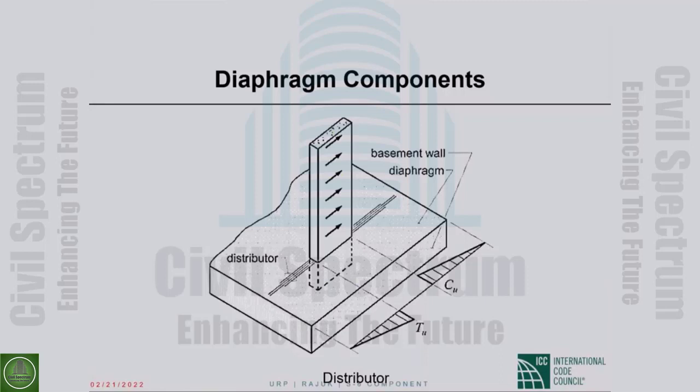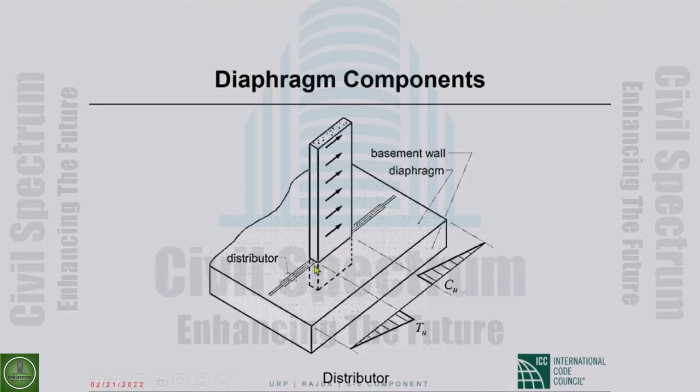So the base shear from the tower or the shear wall will ultimately be resisted by those basement walls. But how do you go from here to there? And this is like the collector.